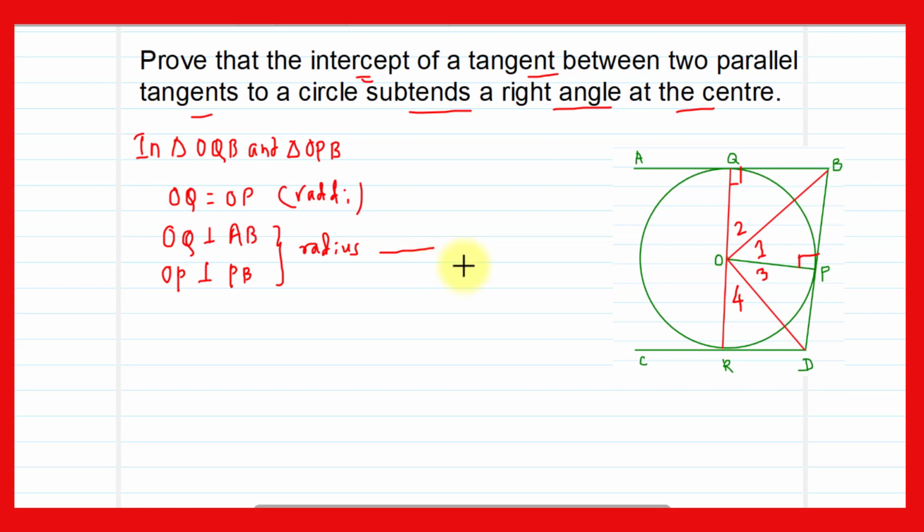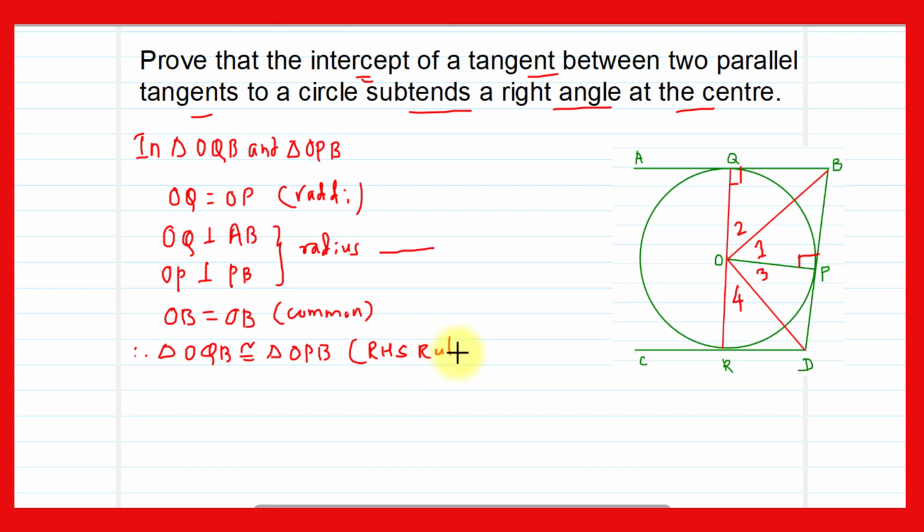And OB is equal to OB because it is common. Therefore triangle OQB is congruent to triangle OPB. The reason will be the RHS rule.